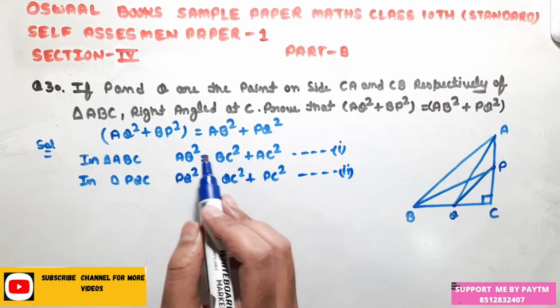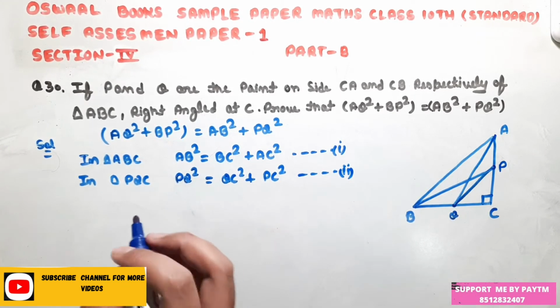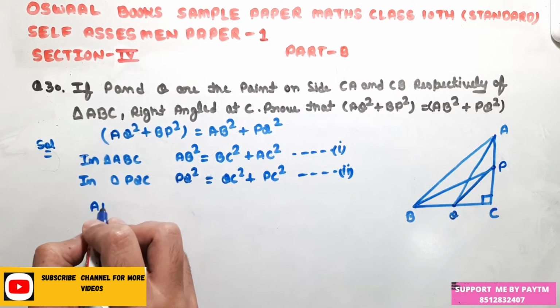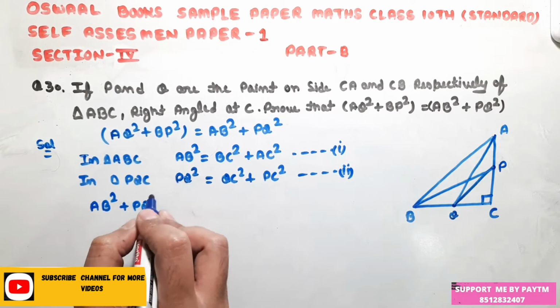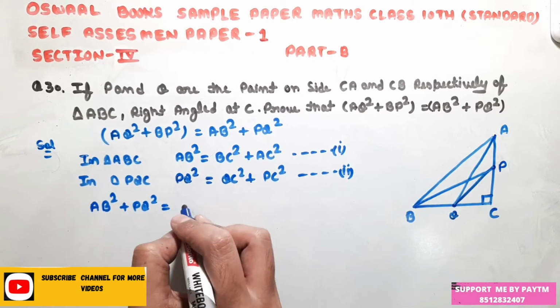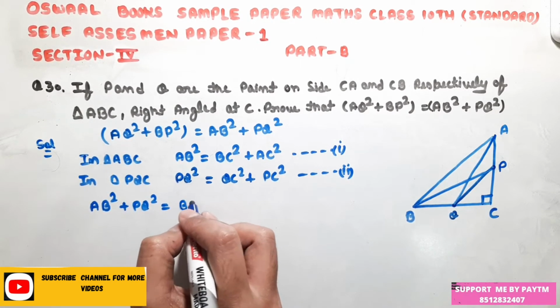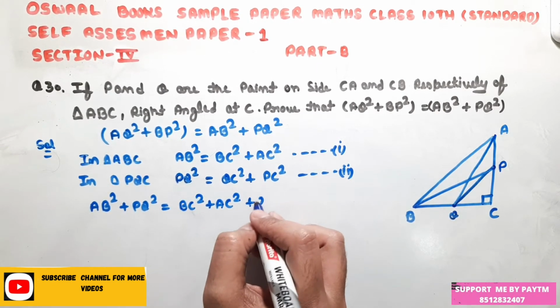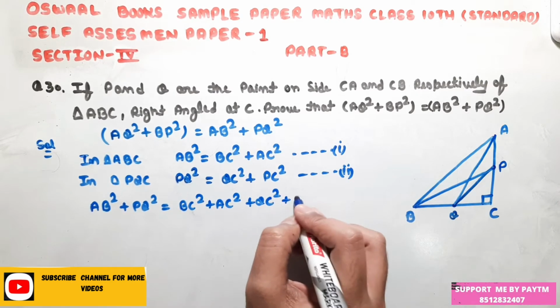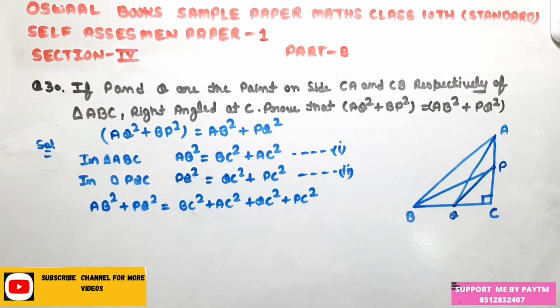On adding equation first and second, AB square plus PQ square will be equal to BC square plus AC square plus QC square plus PC square.